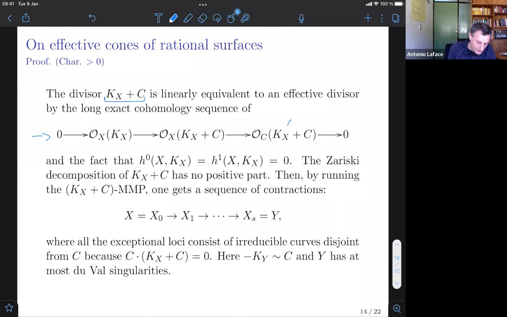This one by adjunction is O_C. And since we are on a rational surface, I mean, we are on this blow up of a toric surface, which is rational in particular, then H0 of the canonical and H1 of the canonical are both equal to 0.